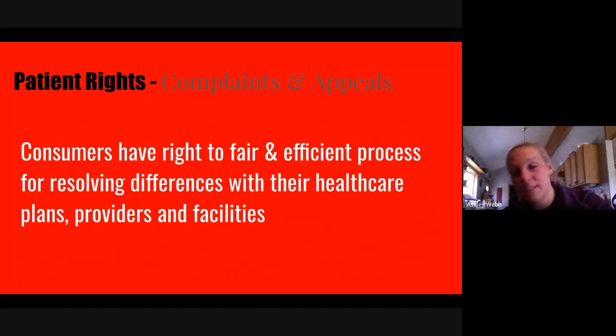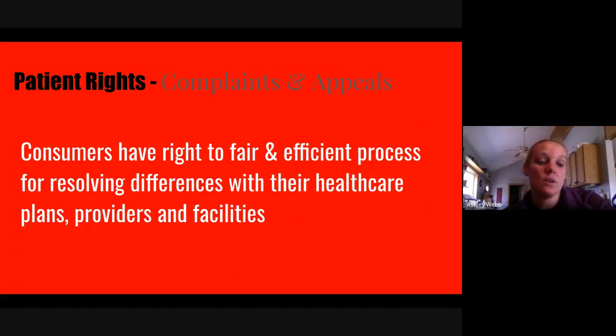So my dad, being the impatient man that he is, looking forward and knowing that he needed to get in the field to plant his soybeans and corn this year, he said, never mind, I'm just going to pay for it out of pocket. So he went ahead and paid for it out of pocket. Well, in the meantime, the insurance company said, no, we're not going to do this MRI because you need to do some physical therapy first.